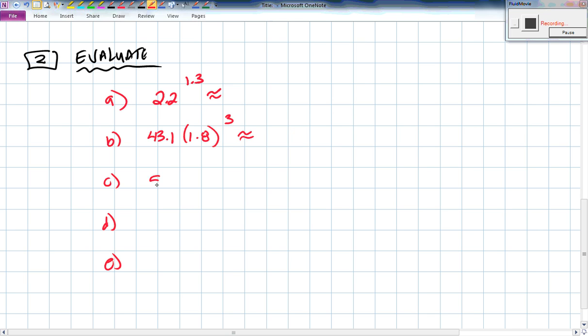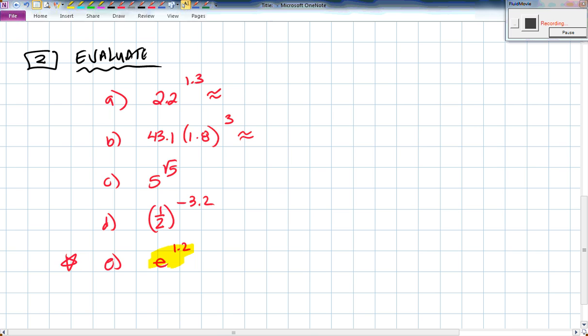Part C is going to be 5 to the square root of 5. Part D is going to be 1/2 to the negative 3.2. And then part E is going to be e to the 1.2. This one we'll do together because there's something special going on here with this e thing. But for us, let's get our calculators out.